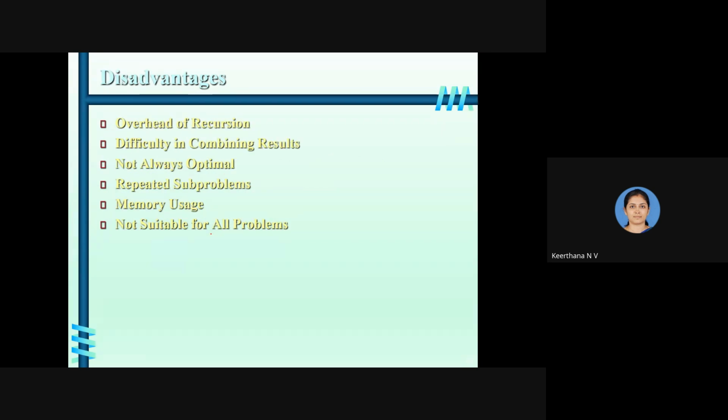So, what are the disadvantages of the divide and conquer technique? The first thing is overhead of recursion. It means that if you are calling the same function in divide and conquer many number of times, there may be a chance of memory overhead. Here, every subproblem function is acting independently, but they are executing in a parallel manner.